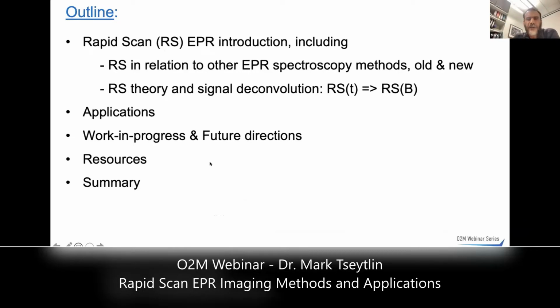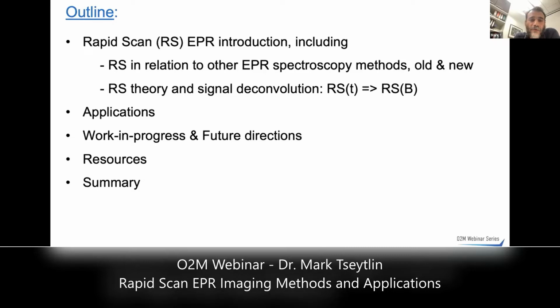Okay, this is my outline. I'll start with a rapid scan introduction, and briefly describe what rapid scan is and how it relates to other methods, old and new.